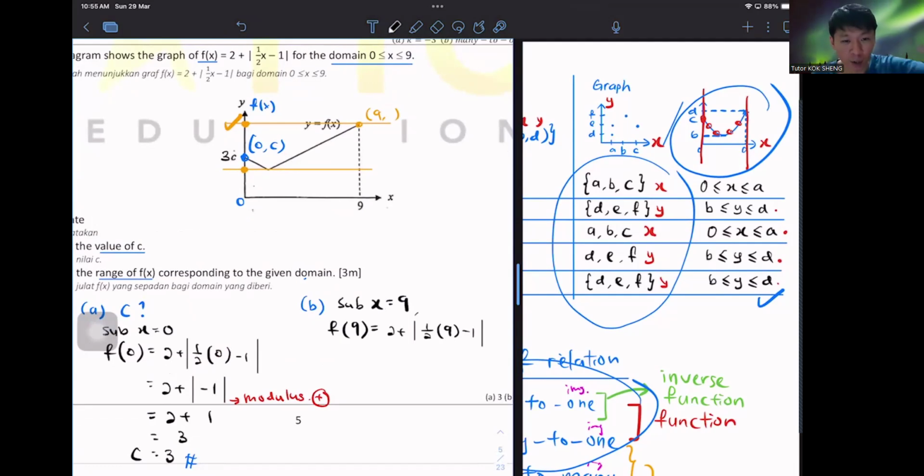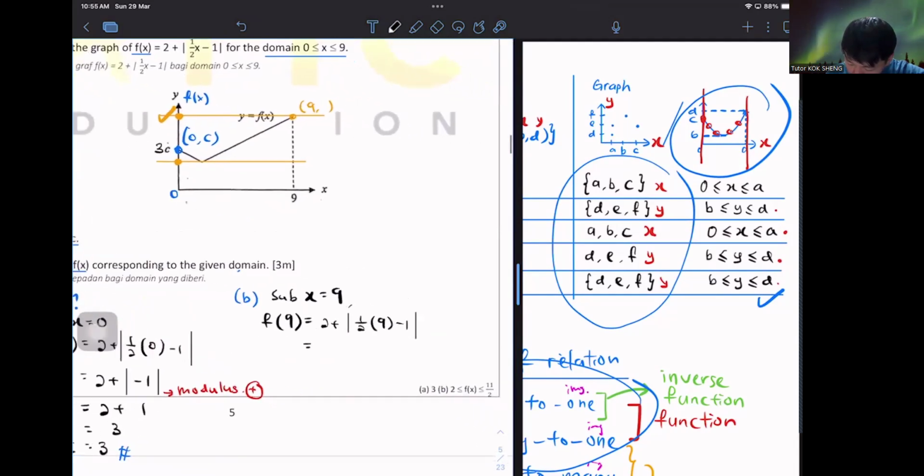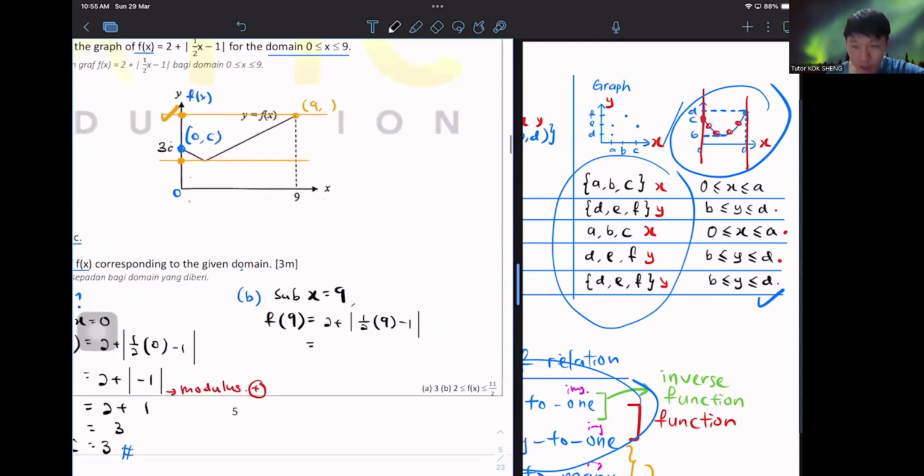Also the same, press the calculator to find it. 1 over 2 times 9 minus 1, it is a fraction.